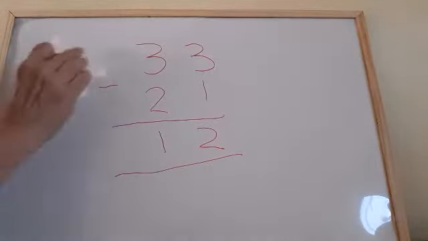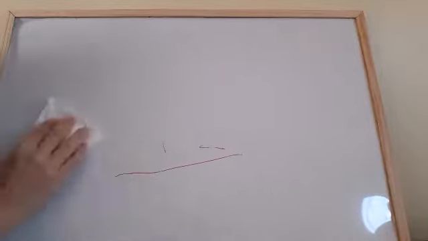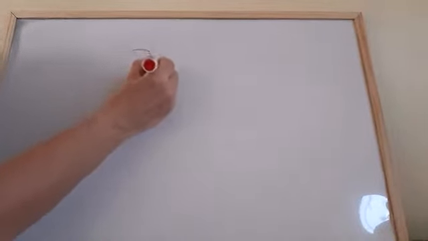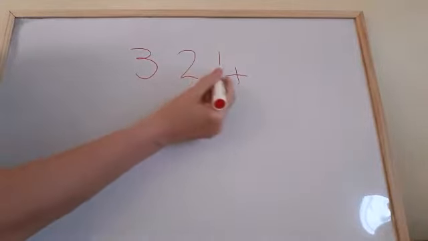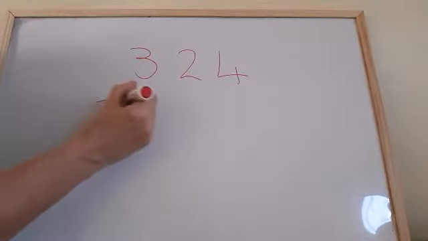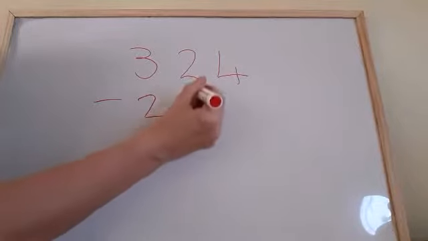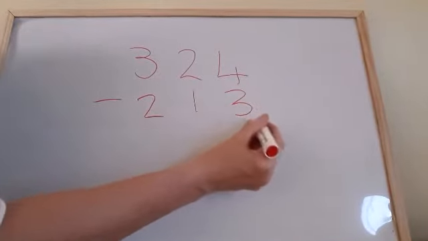Okay, now let's move on and do a 3-digit calculation. 3 digits is when we have 3 numbers, for example 3, 2, 4. 3 separate numbers, they're digits. And we're going to take away 2, 1, 3.